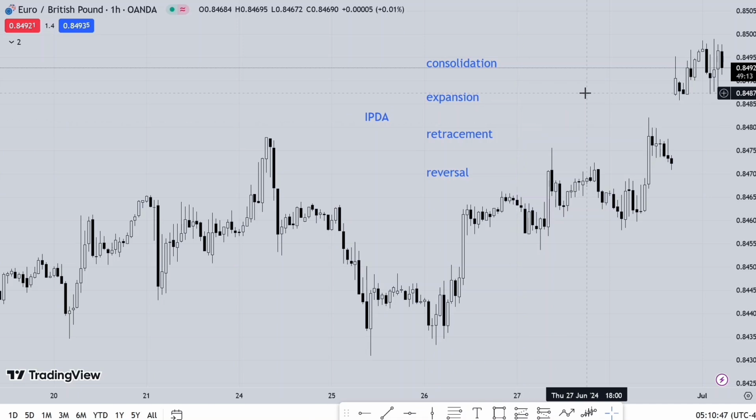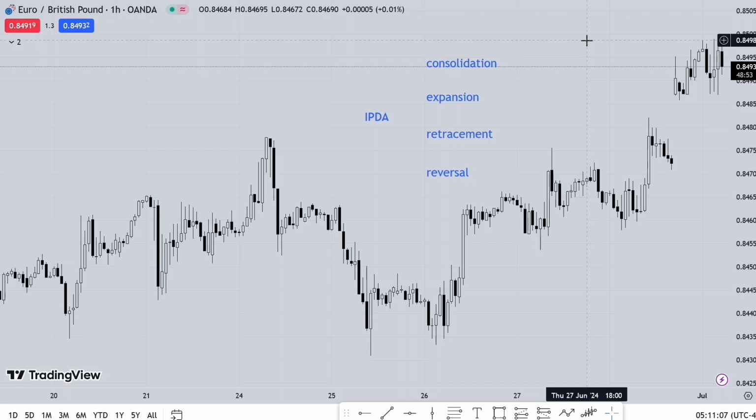So first, before you employ these phases, you must have a context for that trade idea. So what is the context? The context involves your narrative, your bias in play.